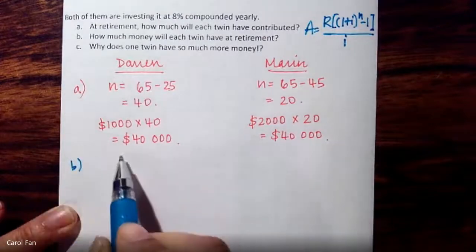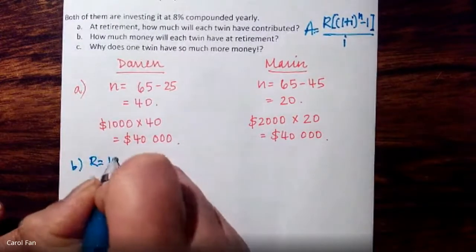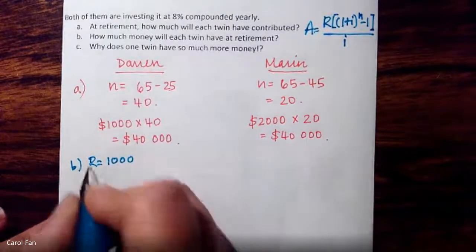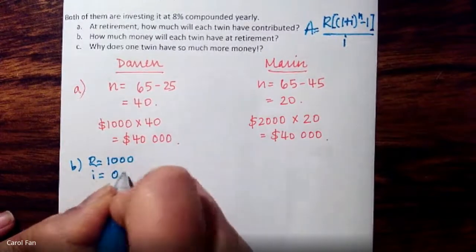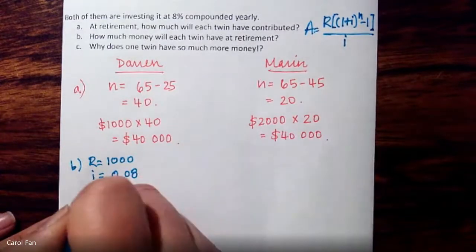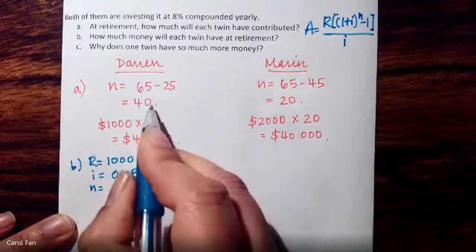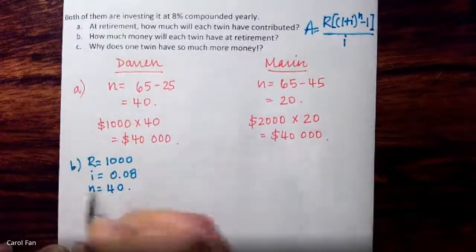So we know that our R for Darren is 1,000. The i is going to be the same for both of them, 0.08. And since it's compounded yearly, we don't have to divide it by anything. And we calculated the n already was 40.